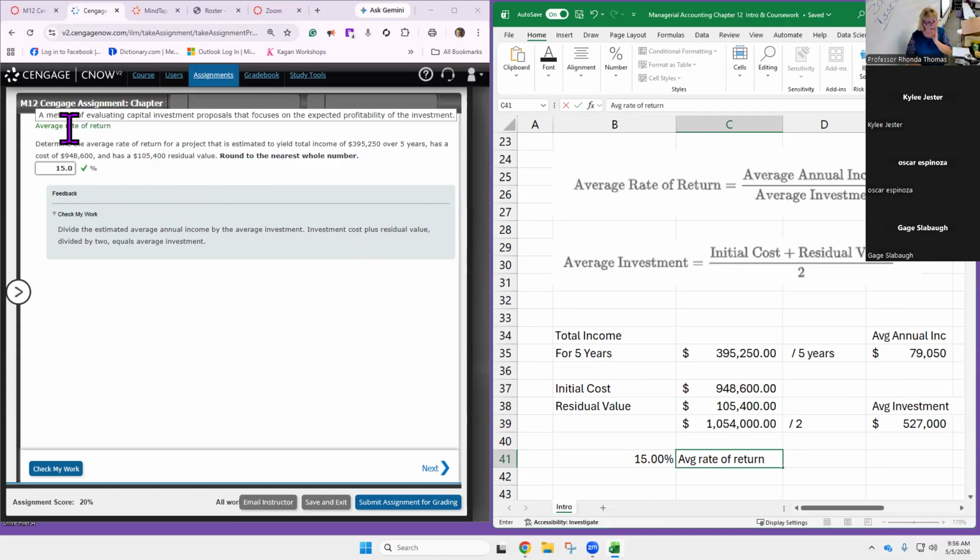And just for the heck of it, here's what the book says. This is a method of evaluating capital investment proposals that focuses on the expected profitability of the investment.